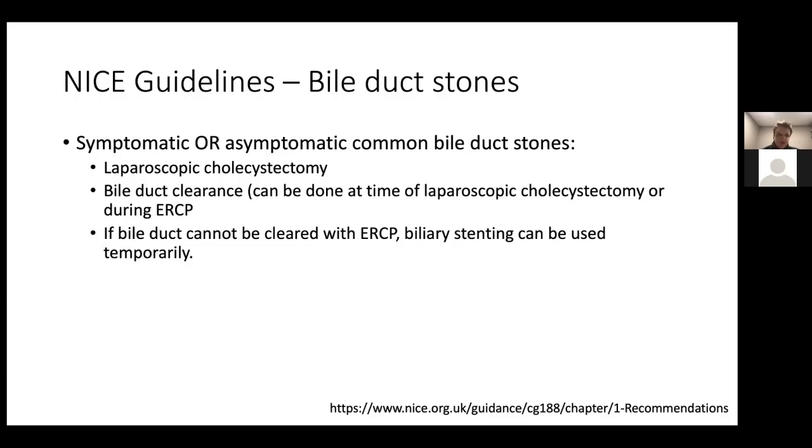So you can do bile duct clearance. You can either do this at the time of the cholecystectomy or during the ERCP. Like I said before, if the bile duct cannot be cleared with the ERCP, you can do stenting, but that's not a definitive solution. It's only temporary.